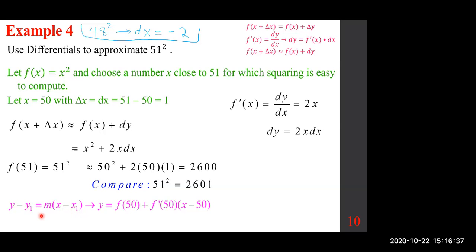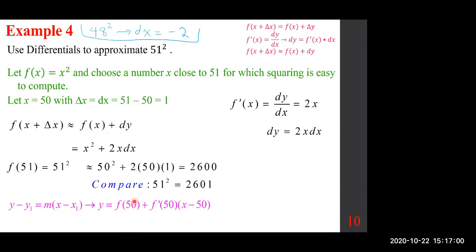And y1, you can move it to the other side. So what is y1? Remember, x is 50, plug it in. That means f of 50 is y sub 1. You're looking at f of x equals x squared. Choice of x is 50. So the pair would be 50 comma 50 squared. So y sub 1 is 50 squared, or f of 50.